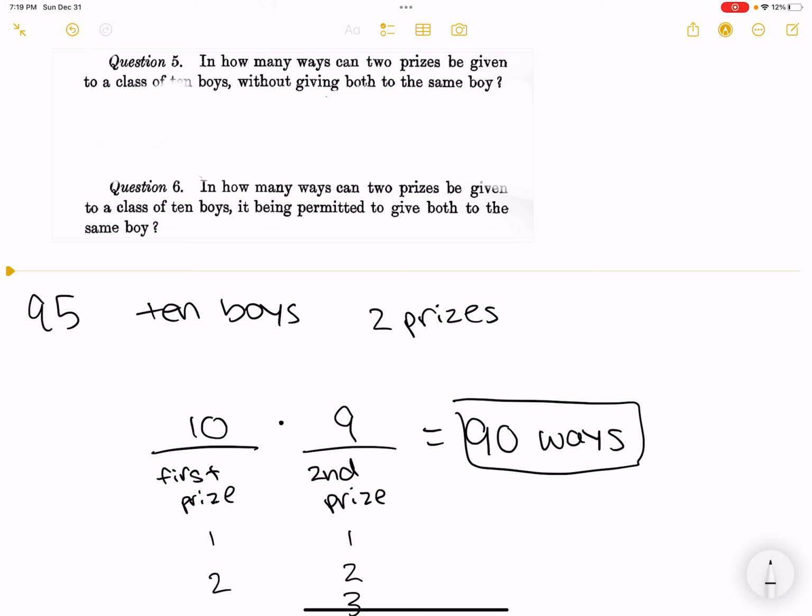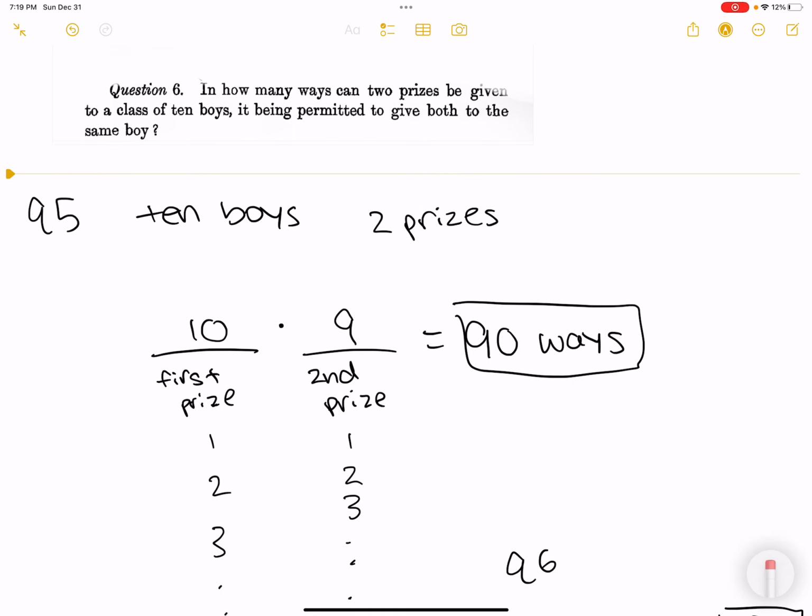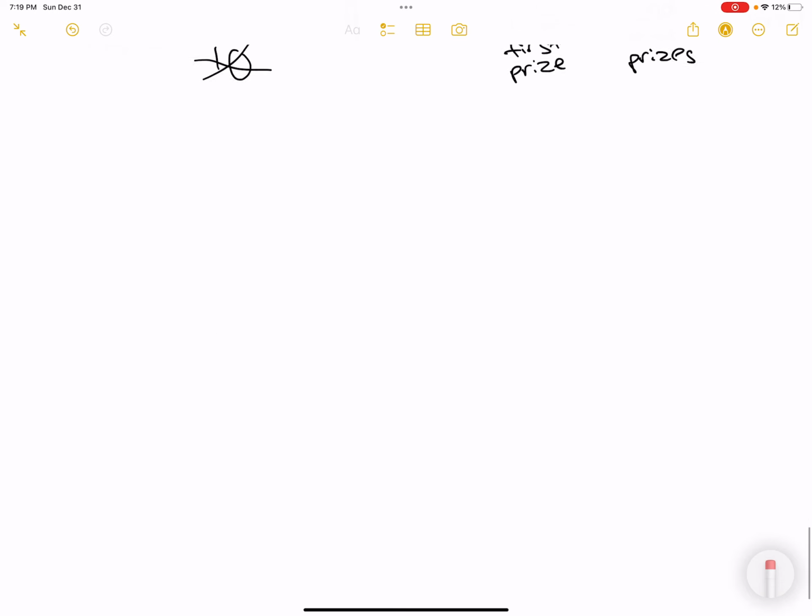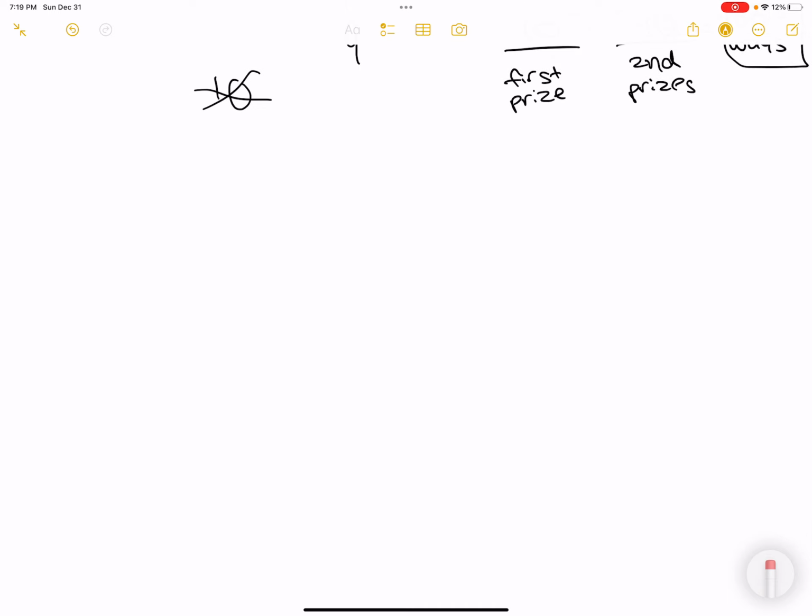So make sure to check your answer by seeing if it were to have a restriction. Then you could see that there would most likely be a lower number of choices.